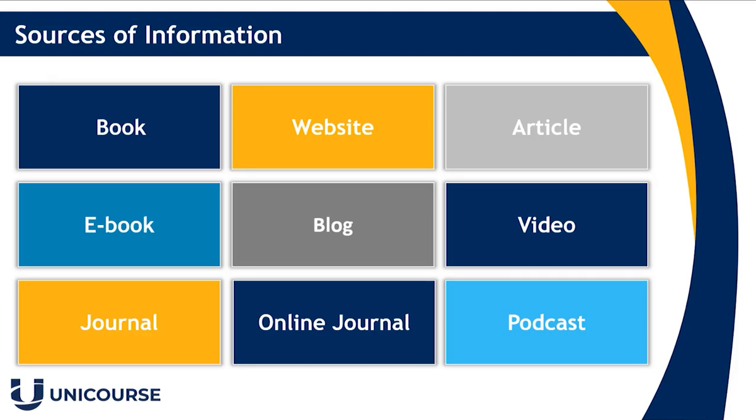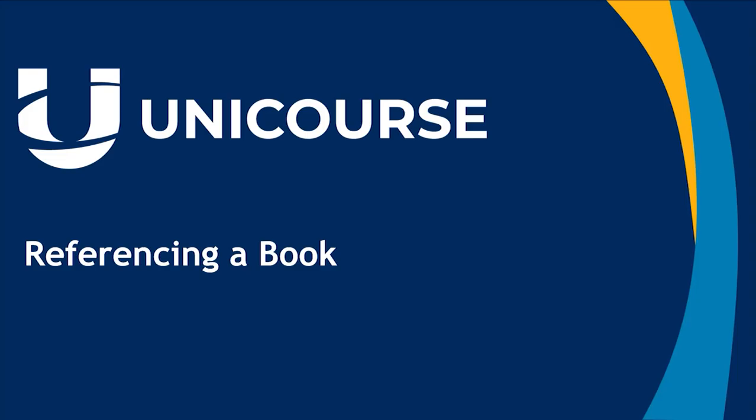Our PDF version of the referencing guide on Moodle provides you with an array of guides on other types of material or sources that can be used. But if you are struggling, contact your tutor for more guidance.